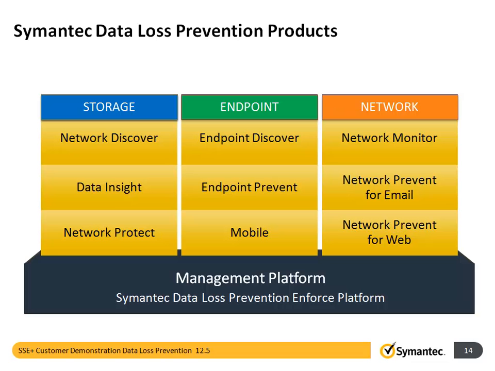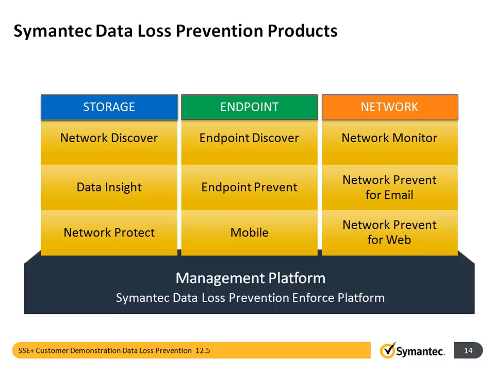On the endpoint, we have also a few products available that can help you protect your data. We have Endpoint Prevent, which allows you to monitor copies to the local drive of up to thousands of endpoint computers, while also monitoring and blocking a variety of activities on the endpoint, like copy to USB, for example. Endpoint Discover lets you scan up to thousands of endpoints simultaneously to check for confidential data lying exposed on the endpoints inappropriately.